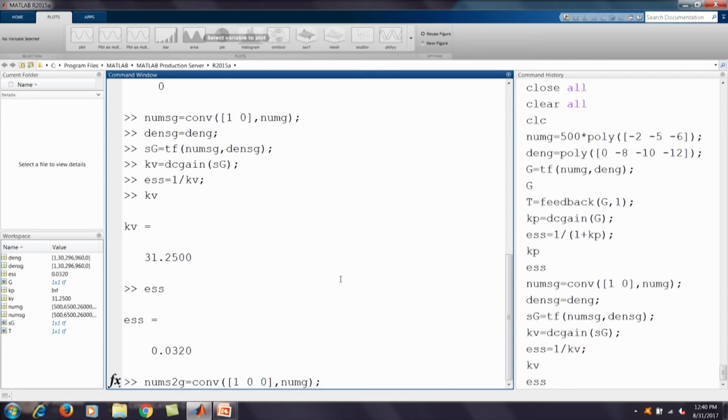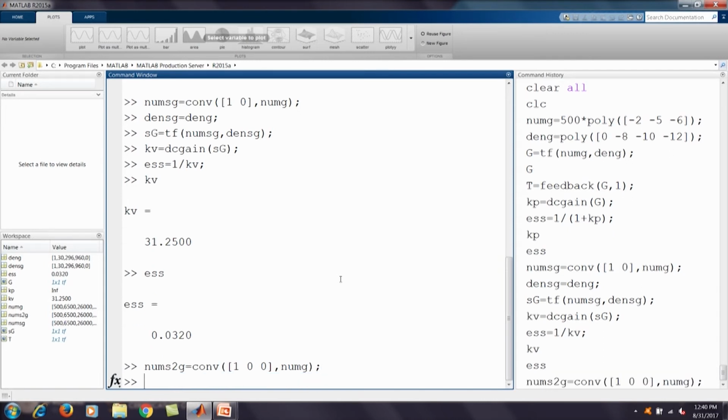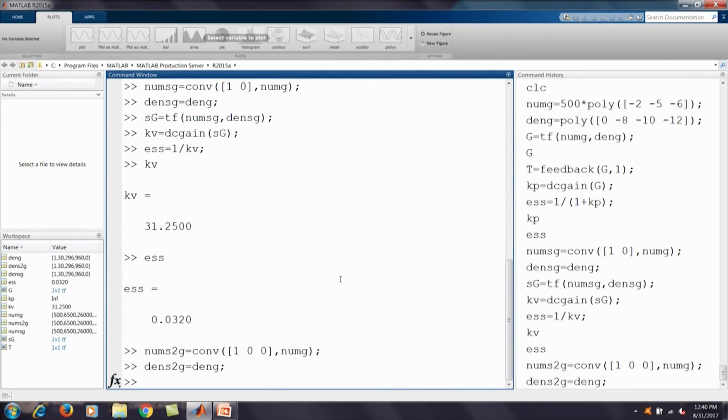So we get the numerator for the parabolic input, and then dens2G is the same, as the denominator is unchanged.